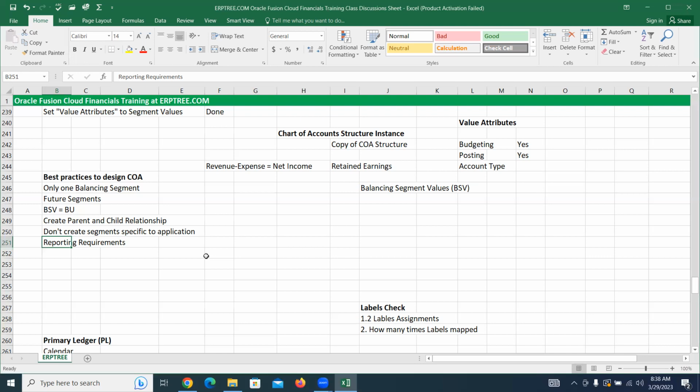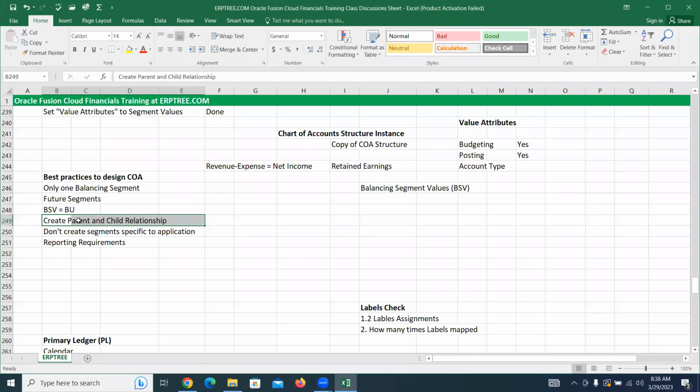That's it. Sir, then what if a company has subsidiary companies, like a parent company, holding company having a couple of subsidiaries? Here you can manage. Your subsidiaries will become children. So your balancing segment will be attached to the company.